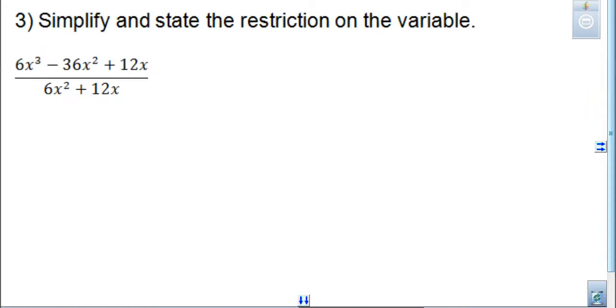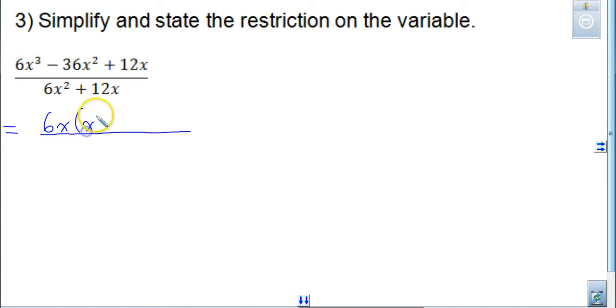So here's a better looking one that we can go over. I want to simplify again and state the restriction on the variable. So first I'm going to factor the top and bottom, and we always look for common factoring first. Common factoring is your best friend. So I see here 6x cubed minus 36x squared plus 12x. They all have a 6x in common that I can factor out.